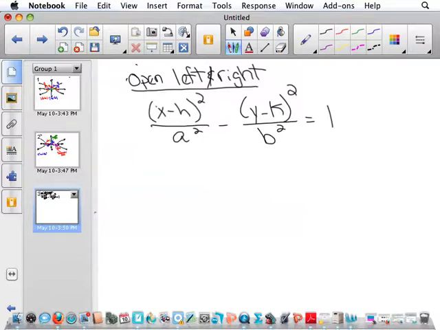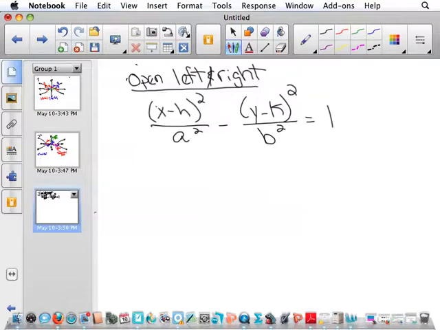In an ellipse, the position of the a in the equation dictated the orientation of the ellipse. If a squared was under the (x minus h) squared, then the principal axis was parallel to the x-axis. If a squared was under the (y minus k) squared, then the principal axis was parallel to the y-axis. In a hyperbola, a remains in the same position and b remains in the same position.